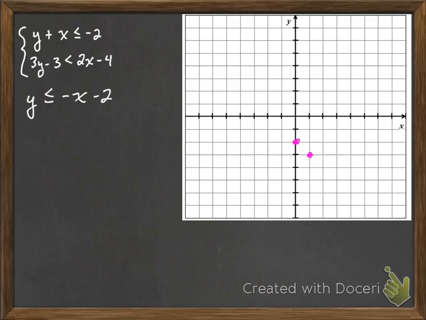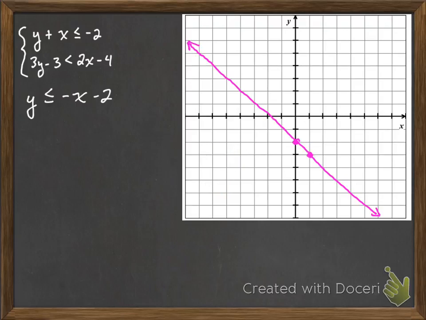Solid line because it has an or equal to. And we would shade below that line because y is less than or equal to. So keep in mind that we're going to be shading this region down here.